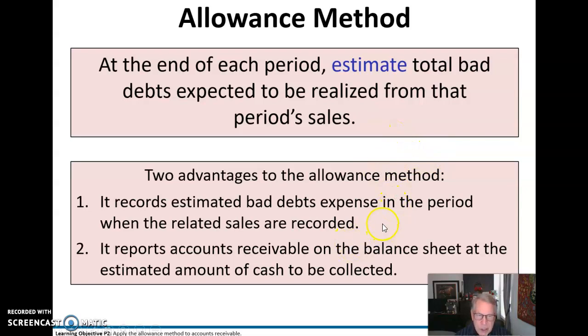The advantages are that it records the estimated, I keep emphasizing estimated, bad debts expense in the period when the related sales are recorded. So it reports the accounts receivable on the balance sheet at the estimated amount of cash to be collected. So how does that work?